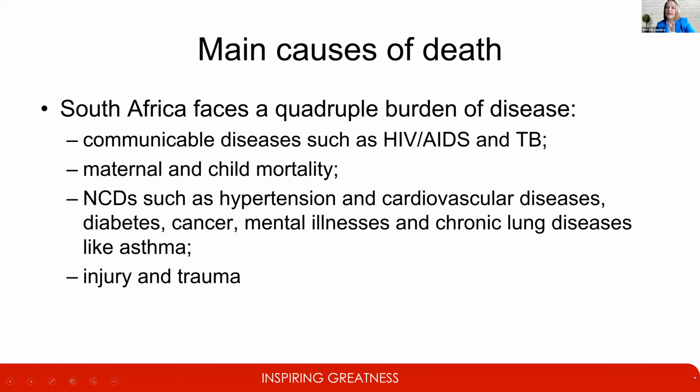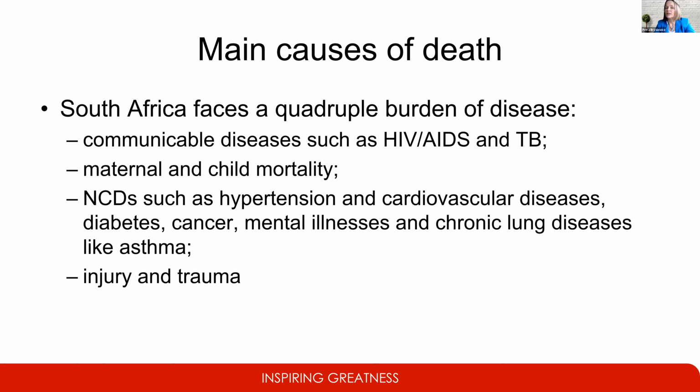So if we look at the main causes of death in South Africa, unfortunately, South Africa is said to face a quadruple burden of disease. We have a large problem in terms of communicable diseases, quite specifically HIV, AIDS, and TB. They are very large problems for us. Maternal and child mortality is also one of the major causes of death.